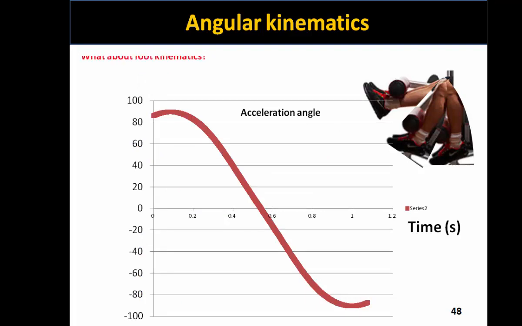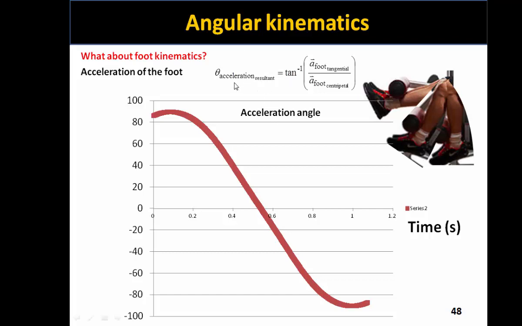Now, in terms of the acceleration angle, recall that this is the angle of the resultant acceleration vector from the rotating lower limb, so from the shaft of the lower leg. And what's notable here is that acceleration angle is 0 at the mid-range of motion. So what does a 0 angle mean?